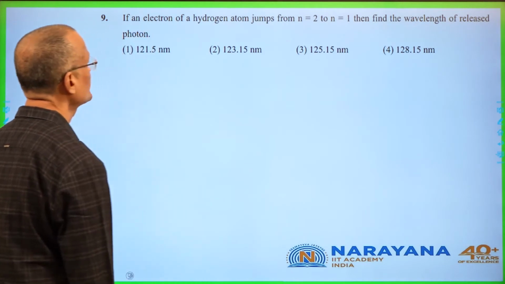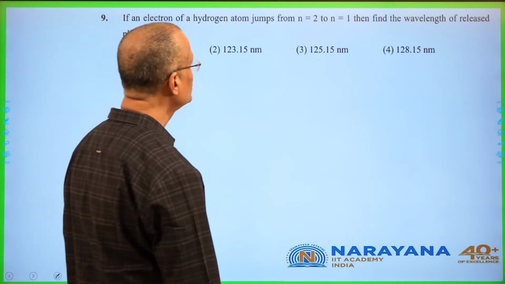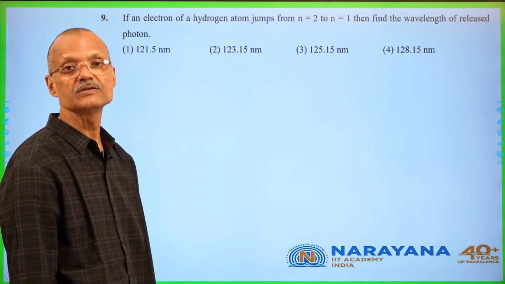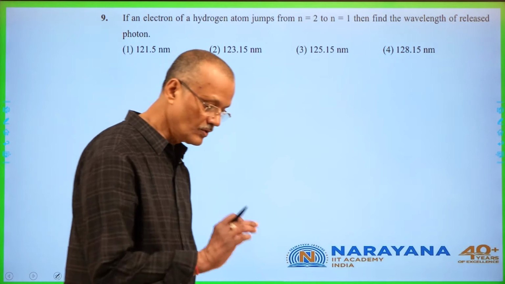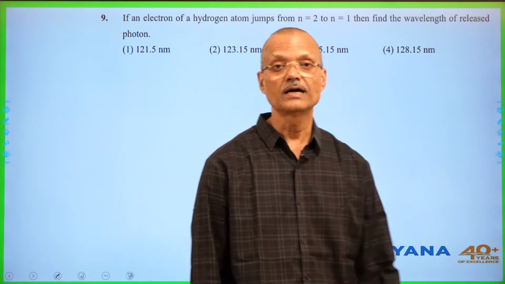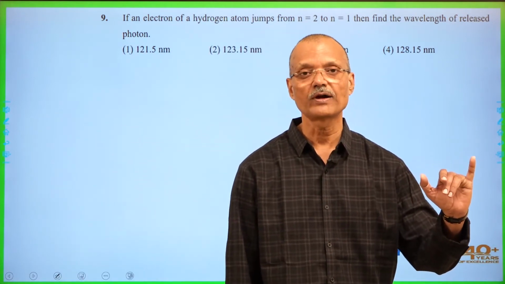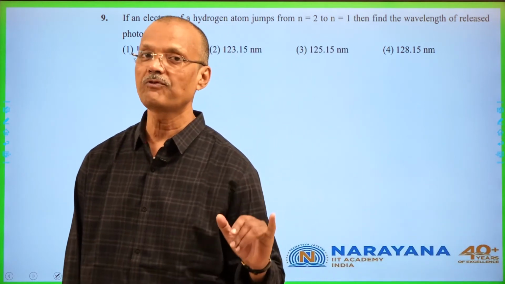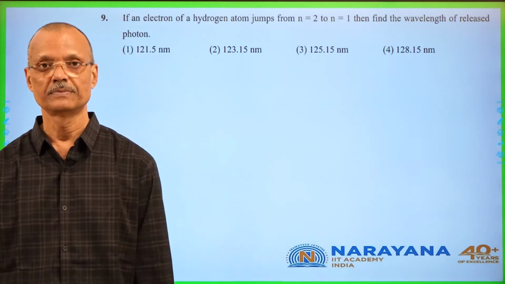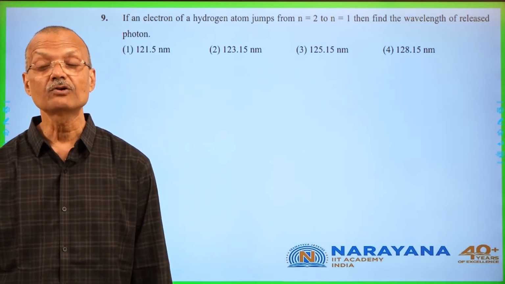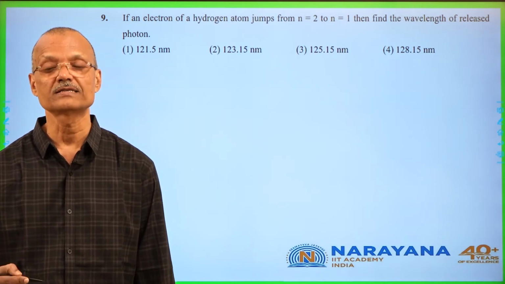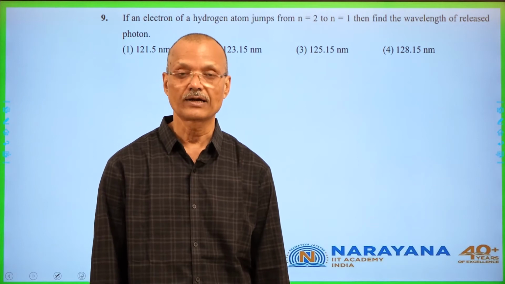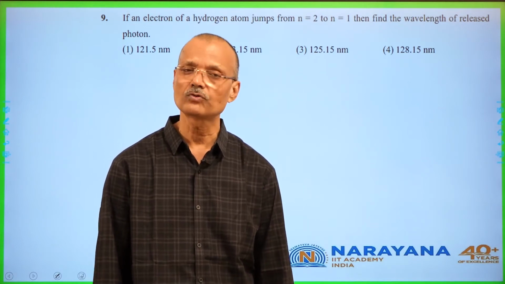If an electron of a hydrogen atom jumps from 2 to 1, find the wavelength of the released photon. You know the energies 13.6, 3.4, 1.51, 0.85, 0.54; you have mugged them up. If the electron is jumping from second to first, the difference of energy comes out in the form of an electromagnetic photon.